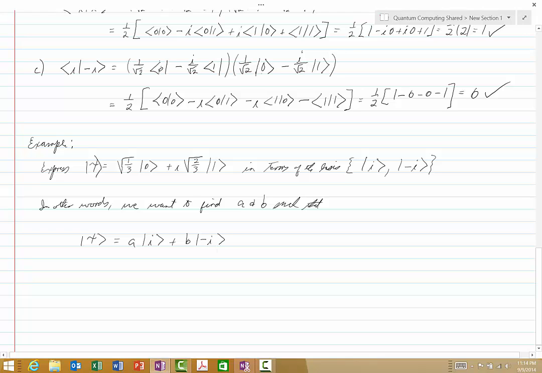This is what we want to do. And we know from previous experience, since i and minus i form an orthonormal basis, that A is equal to the dual of i pre-multiplied by C, and B is equal to the dual of minus i pre-multiplied by C.